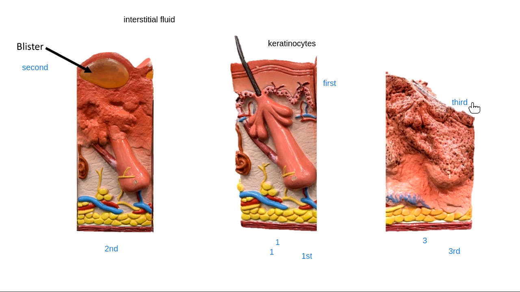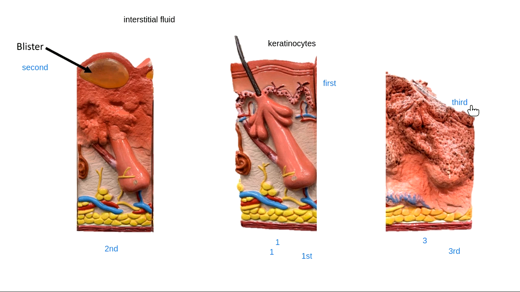In a third degree burn, we've damaged the nervous tissue. We've actually destroyed the nervous tissue that lives in the skin that would detect the pain sensation. To be fair, when it happens, the site doesn't hurt. But when we start trying to heal the site of the third degree burn, you better believe it's going to hurt like crazy, because we literally have to build new nervous system tissue to help us detect things there.